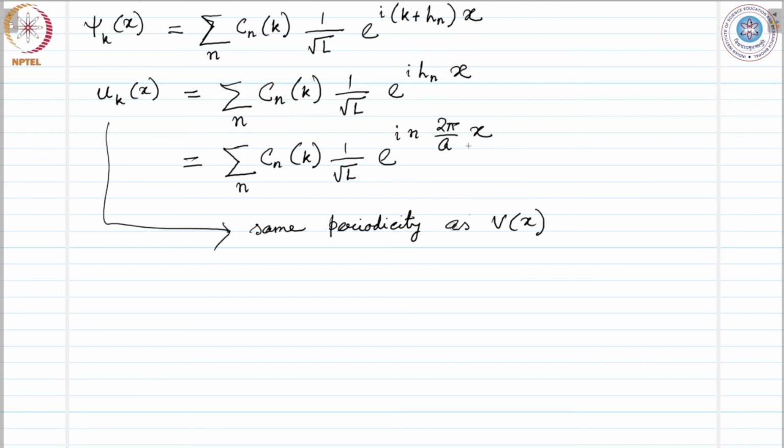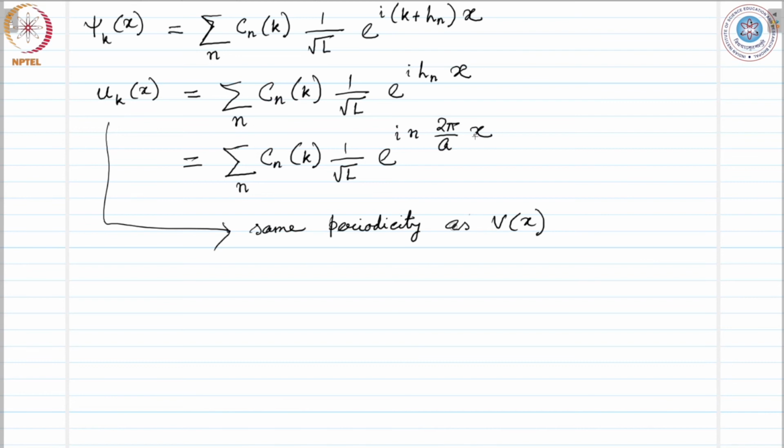You can see from here that if x becomes a or an integer multiple of a, it will go back to the same value. So it is a periodic function with the same periodicity as the potential, that is, of the lattice.